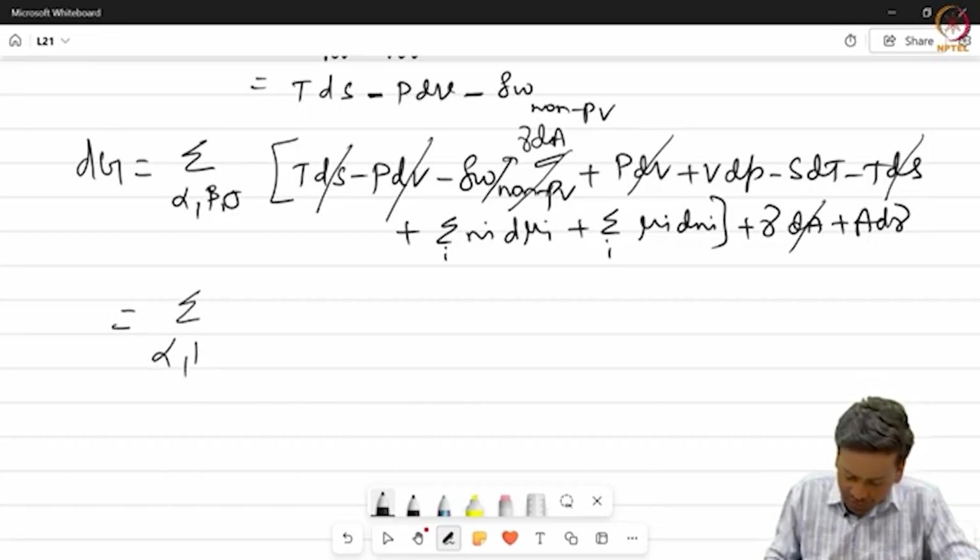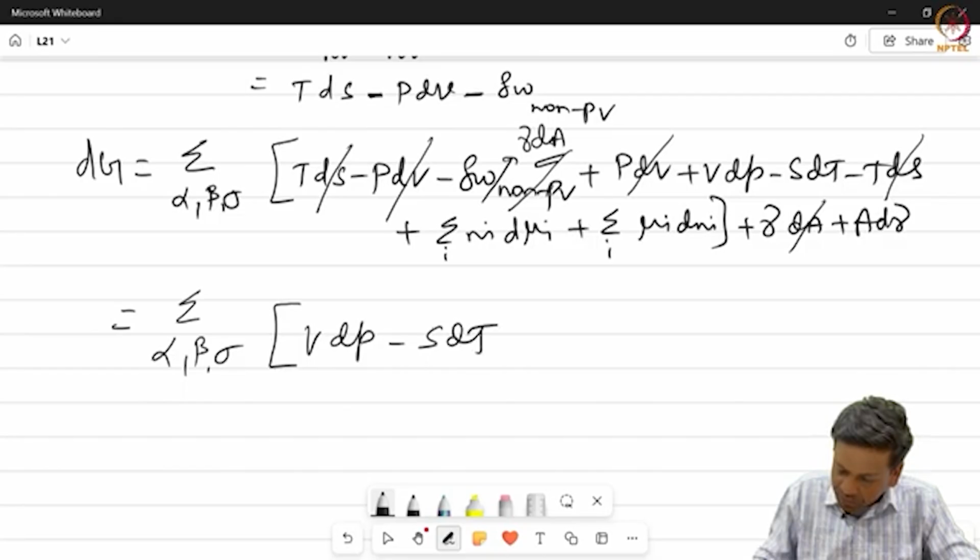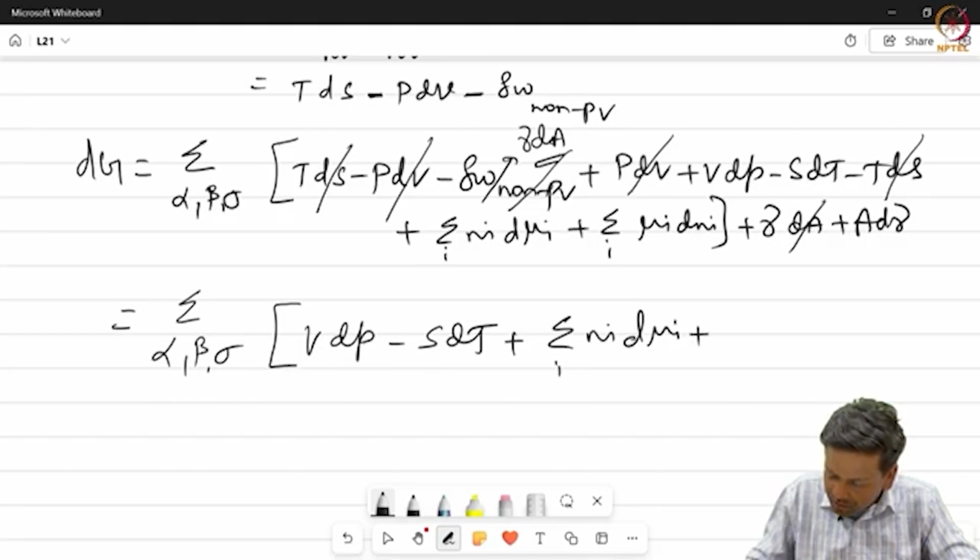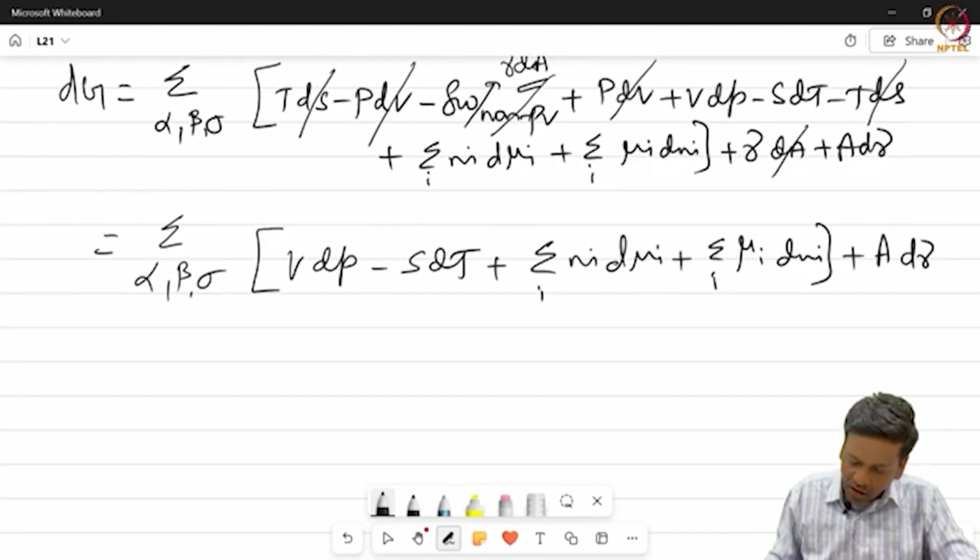You will have very few terms now, that is nothing but VdP minus SdT, plus summation over i of Ni d mu i plus summation over i of mu i dNi, plus A d gamma. So, this is what we have.